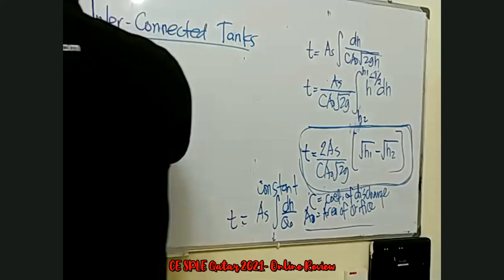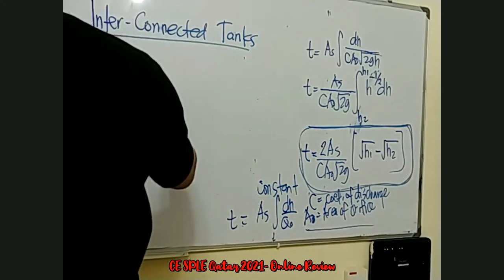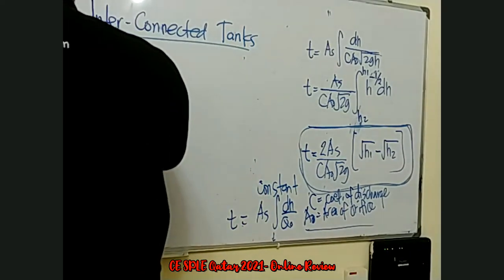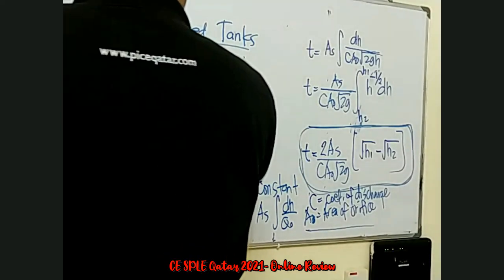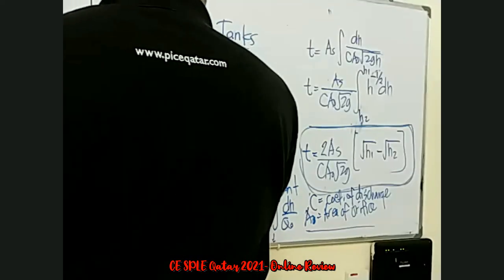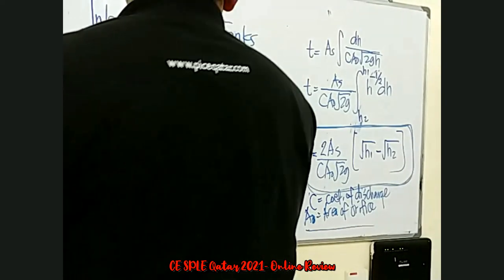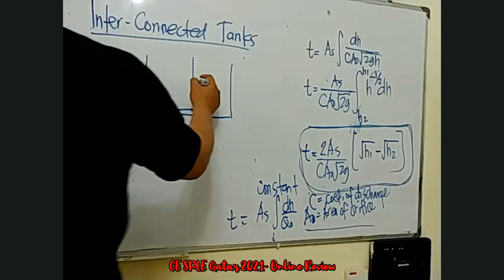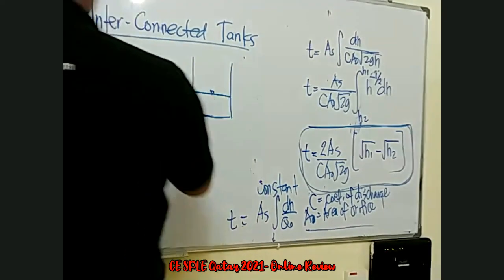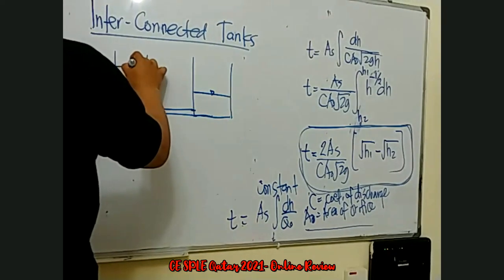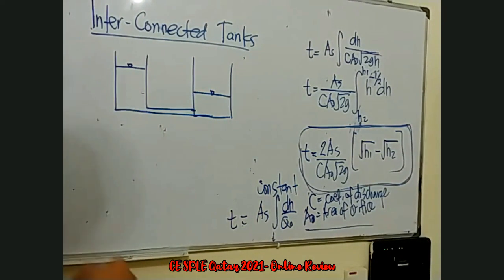Ang common lang is, ganito: minsan may tube, tapos iba yung surface area. Okay? So pwede, eto, mas mababa ng kunti. Dapat mas mataas yung isa kung talagang merong flow.